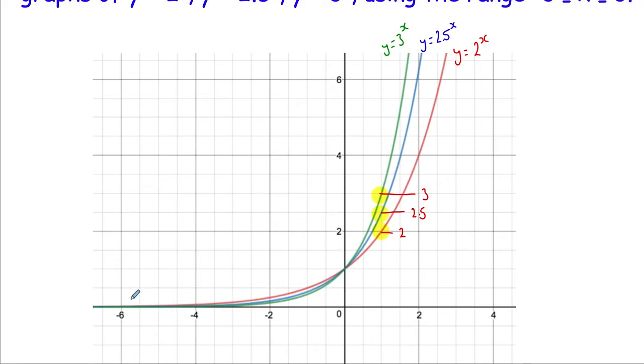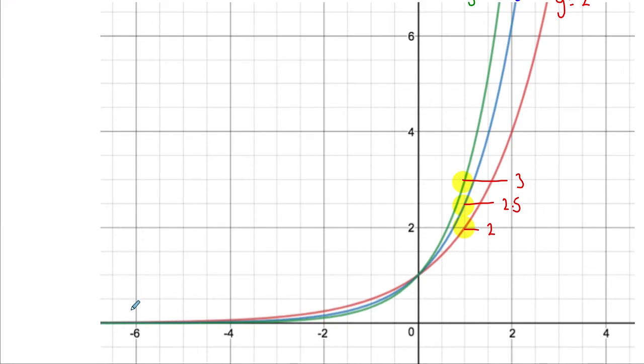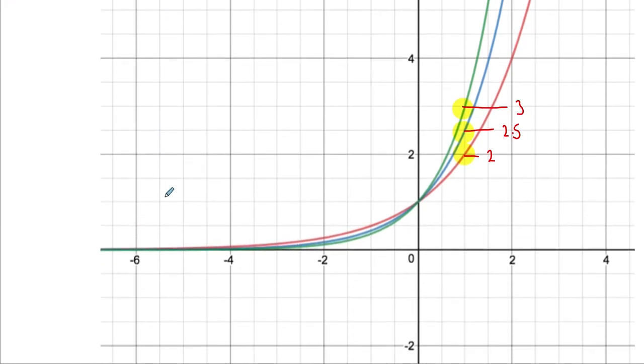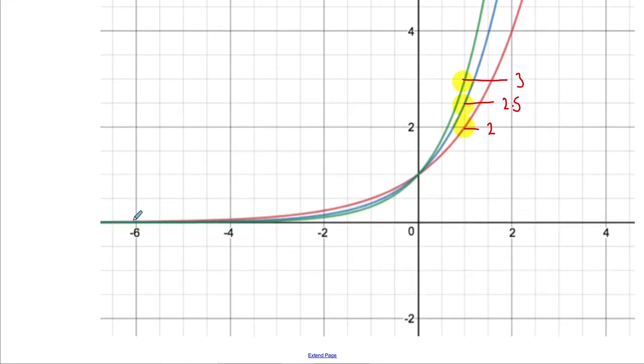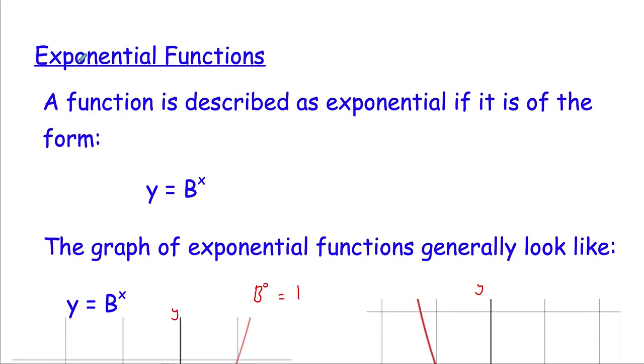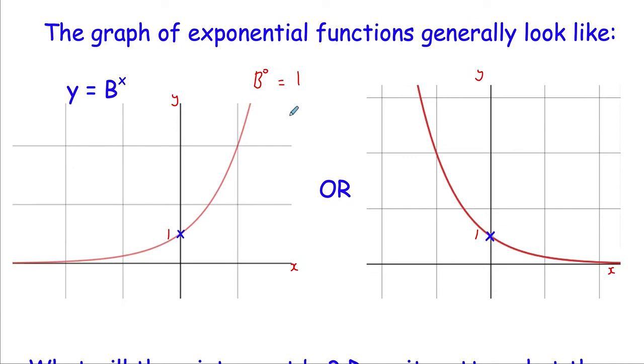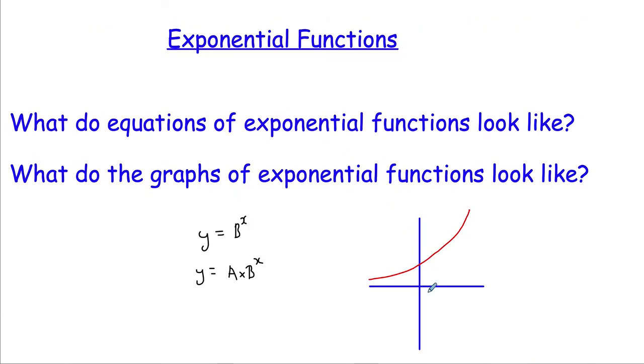Here, just to discuss for a second, it looks like it is touching the x-axis. When you draw an exponential function, don't let it look like it's touching the x-axis. You should always leave a gap between the x-axis and the exponential function, because it will only reach 0 at negative infinity in this example.